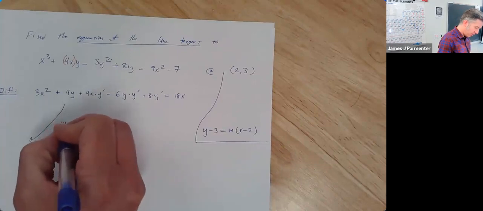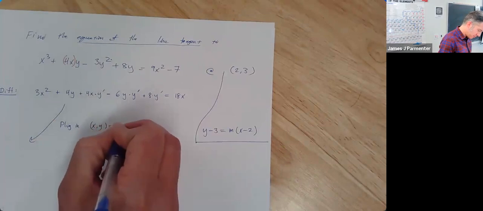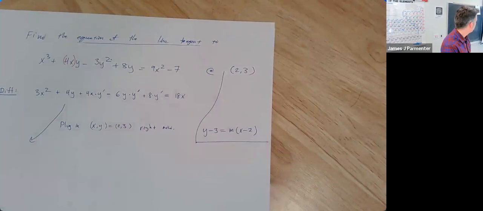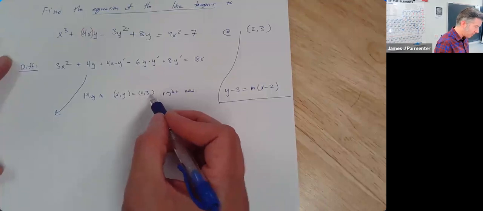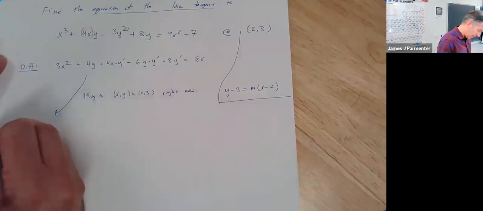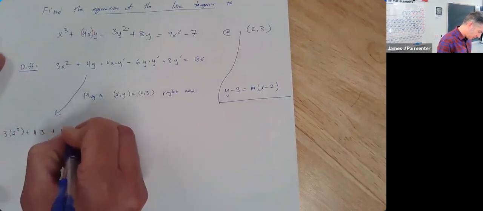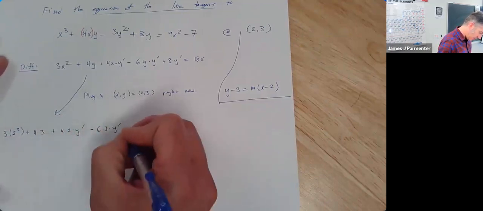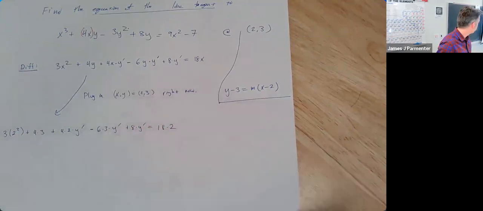You can plug in your point right now. Let's see what happens when I do that. If I plug in x equal to 2 and y equal to 3, here's what I'm going to get: 3 times 2 squared plus 4 times 3 plus 4 times 2 times y prime minus 6 times 3 times y prime plus 8 times y prime equal to 18 times 2.